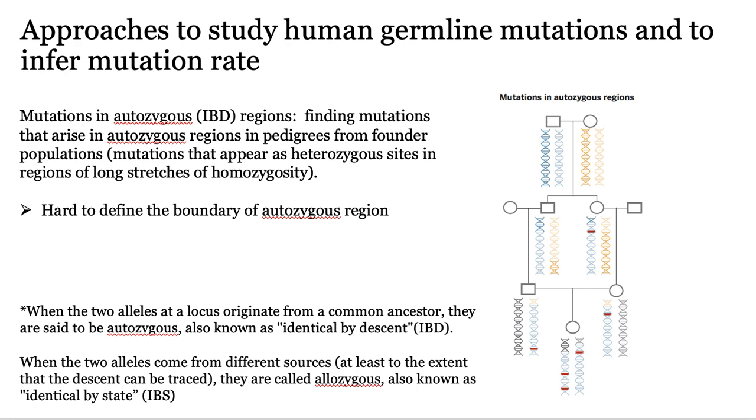The first approach is that we compare the genomes of different primate species, including the human, and we count the differences across different comparisons, and assume that we know the time when the two lineages separated. So the difference divided by the time will give us an estimate of mutation rate. So that's the first approach.